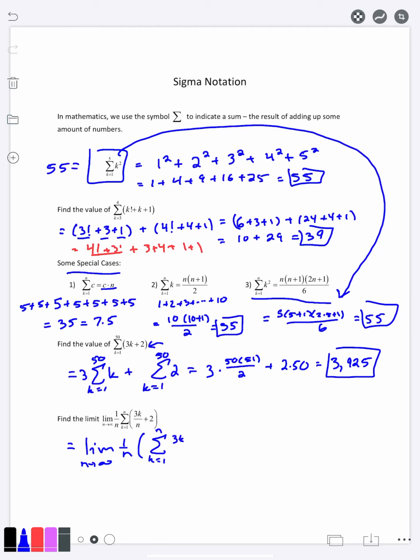The first part, 3k over n, and then the second part, 2. Just like I broke it up in the previous example. And then I'm going to factor out constants. Now, you might have a problem with factoring out n's, but since our summation is talking about k, then that means n really is a constant there.